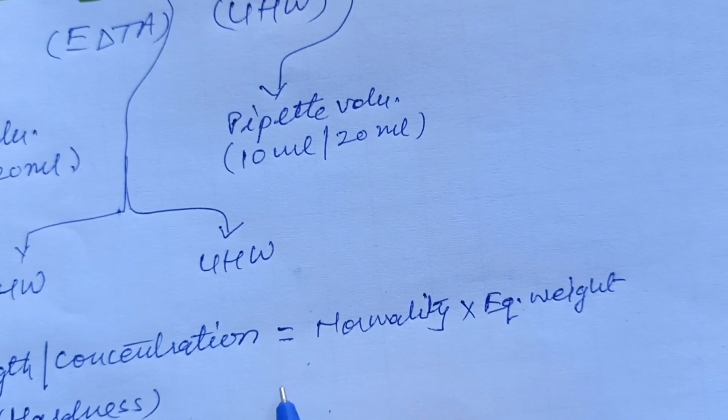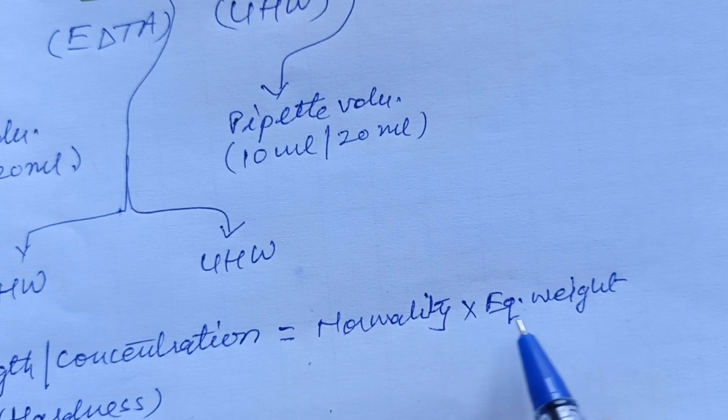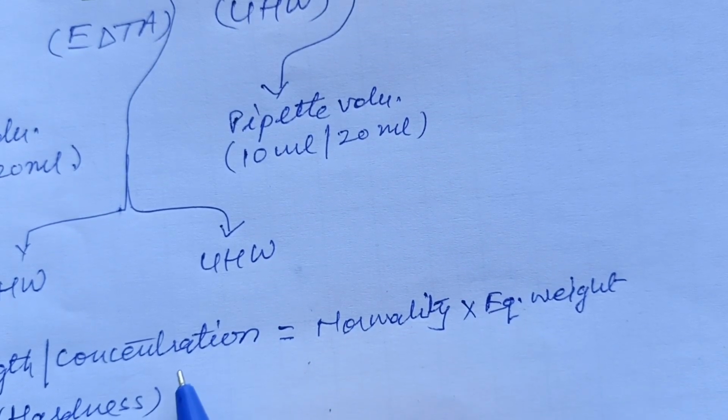So if the strength is given, normality can be calculated. If the normality and equivalent weight are known, strength or concentration can be calculated.